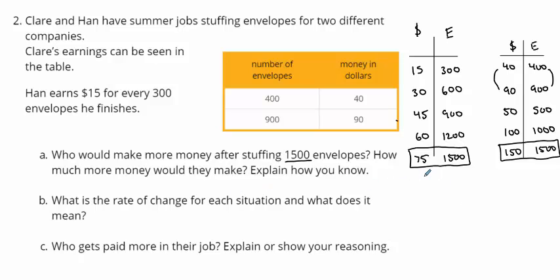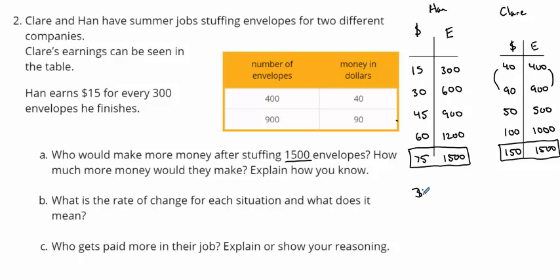So what is the rate of change for each situation? Well, we know that for every 300 envelopes, this is Han, this is Claire. So what's the rate of change? So it's $15 per 300 envelopes, right?